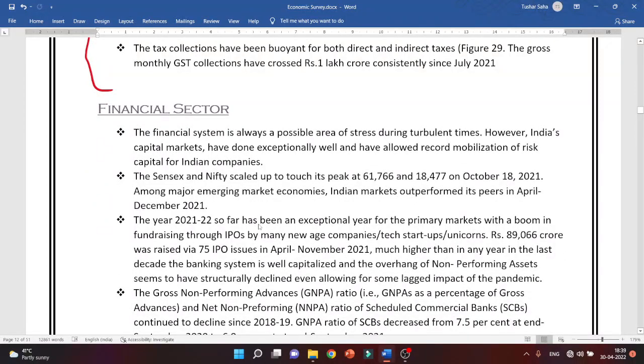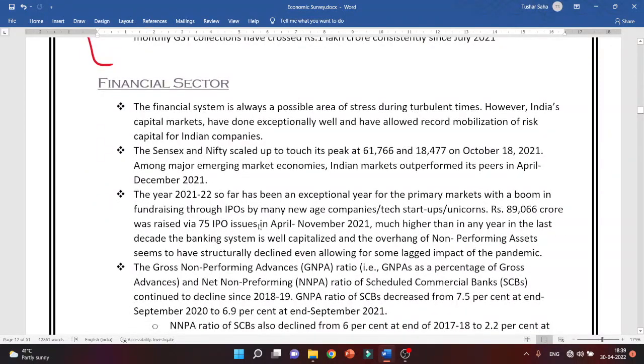Then comes the financial sector. The financial sector is always a possible area of strength during turbulent times. Yes, during the COVID also, and when the Russia and Ukraine war is going on at this time also. However, India's capital market has done exceptionally well and has allowed record mobilization of capital for Indian companies. The Sensex and Nifty touched their peak.